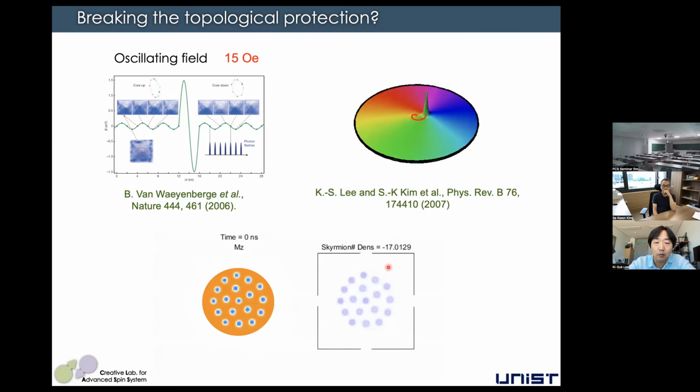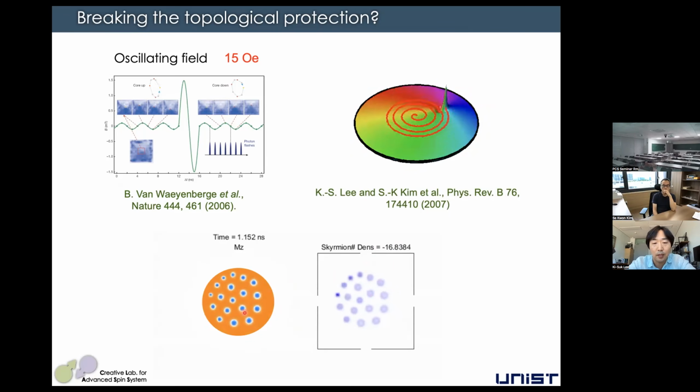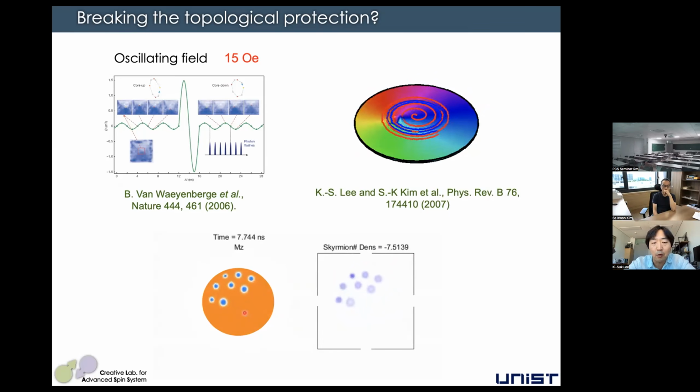It tells us there are 17 skyrmions. And then I pushed the skyrmions to the boundary of the disk, and you can see the annihilation of skyrmions near the boundaries. So these are well-known examples of the breaking of topological protection in real systems.